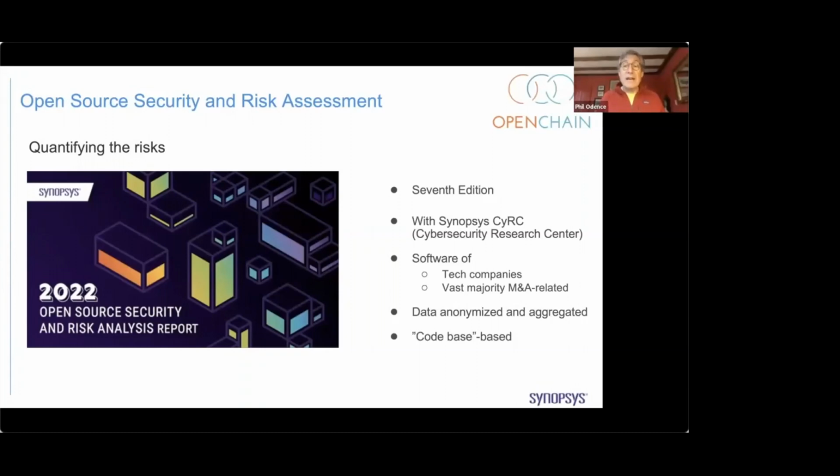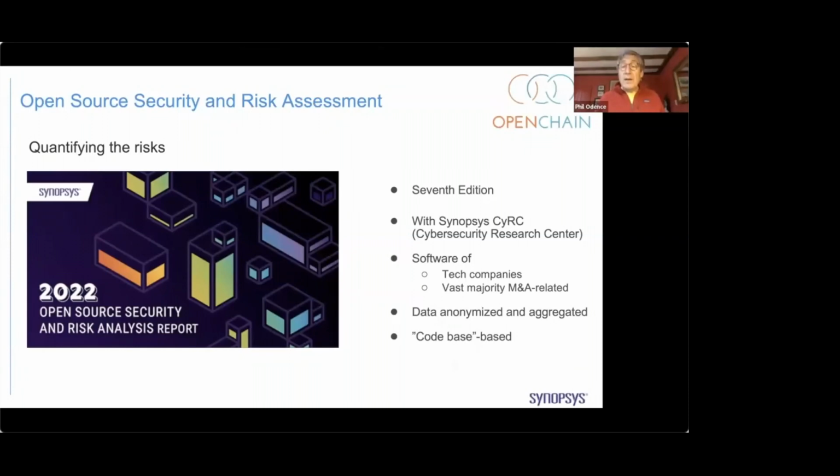We collect that data up, we anonymize it, we aggregate it together, and we've got a cybersecurity research center. The topic is not going to be limited to security, but this is done under the auspices of our cybersecurity research center that does a lot of work on identifying open source vulnerabilities.